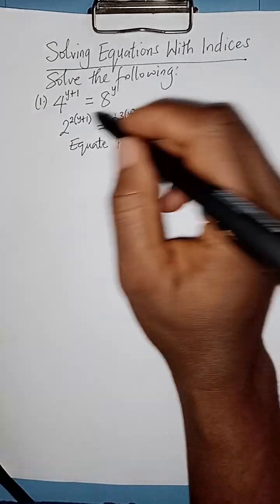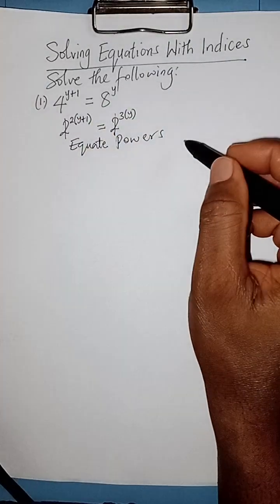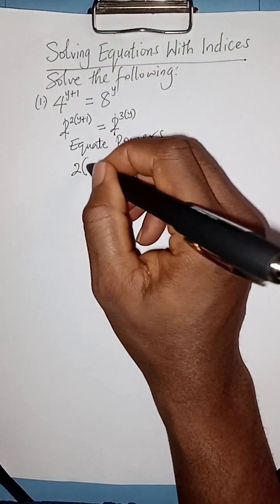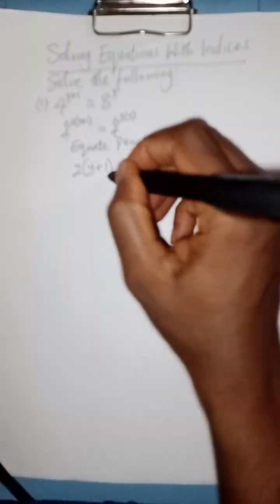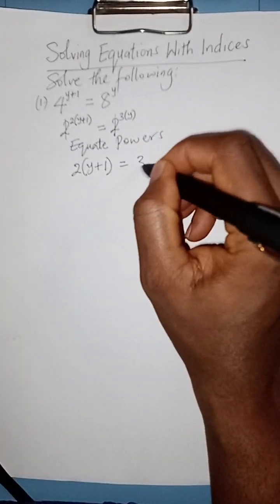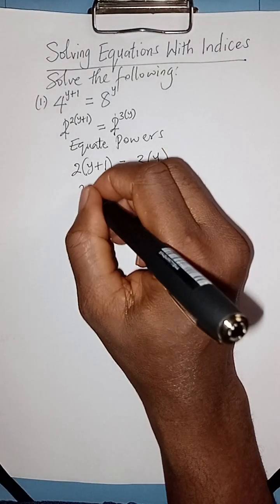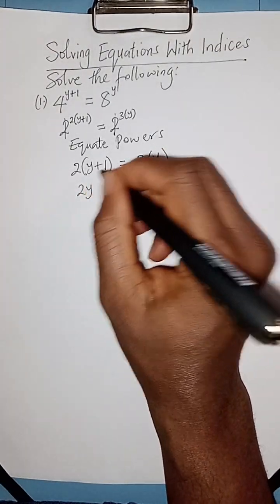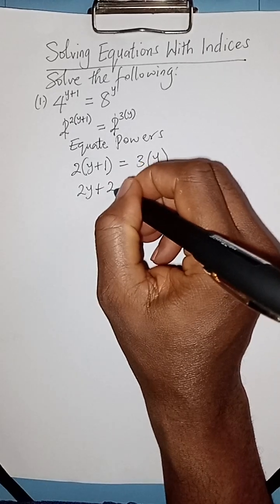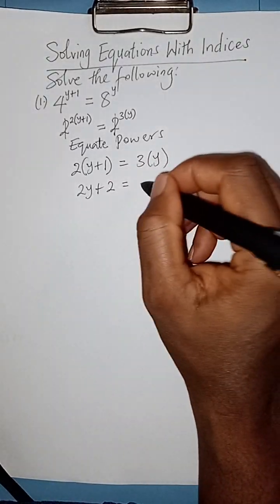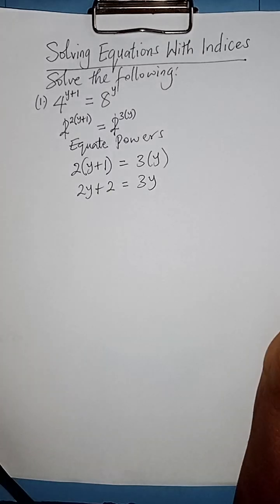So I'm going to cancel the base, equate powers, and that's 2 open brackets y plus 1 close bracket equals to 3 open brackets y. Now let's expand the bracket. 2 times y is 2y. 2 times plus 1 is plus 2. 3 times y, 3y.